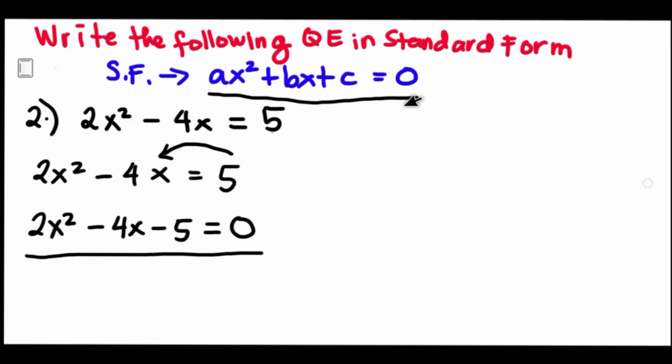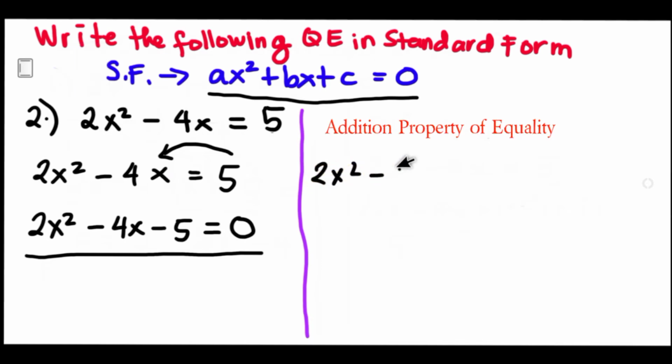Okay, ito naman yung second option na pwede nyong gawin. Kopyahin ko muna ulit. 2x squared minus 4x is equal to 5. So, gagamit tayo ng addition property of equality. Meaning, idadagdag natin dito yung kabaliktaran ni 5 para malipat siya sa kabila.